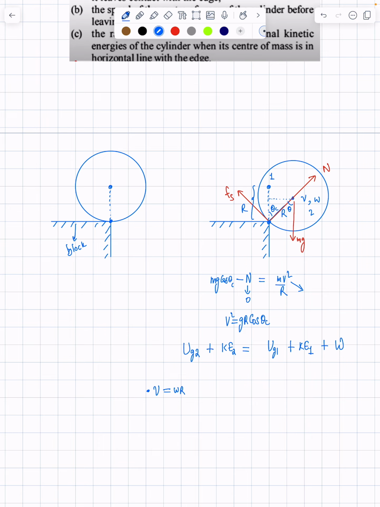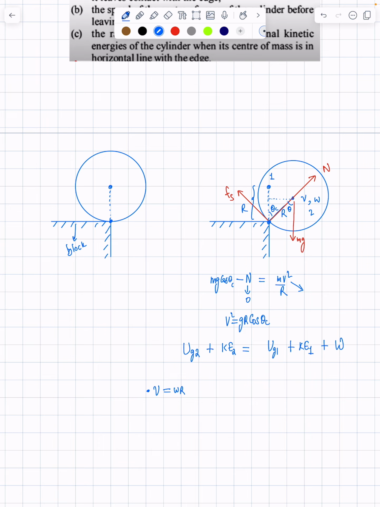And there are two ways to see this. One way to look at that is to say that at the point of contact there's no movement.